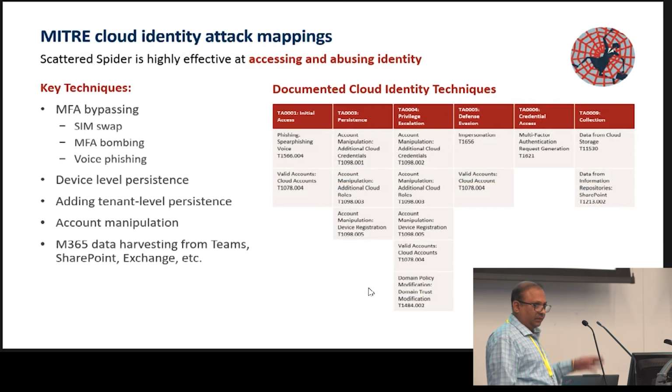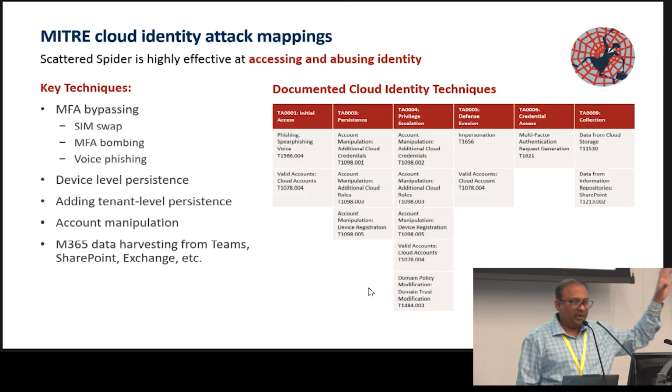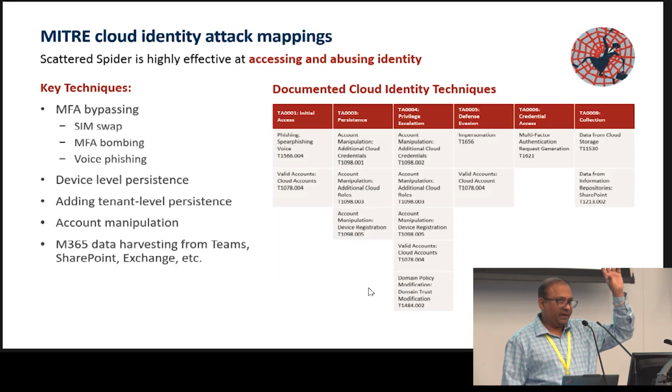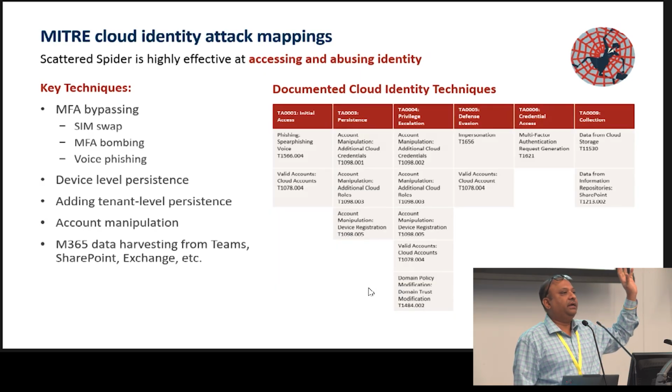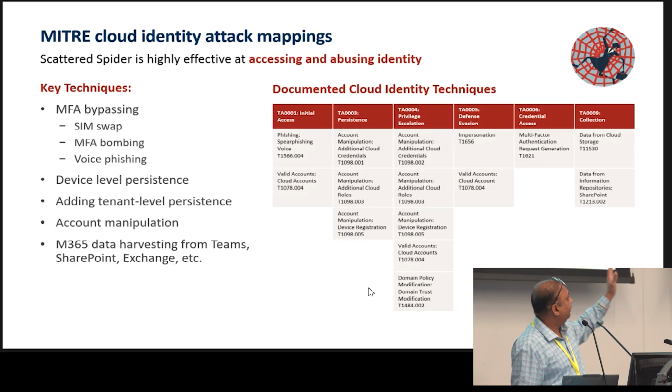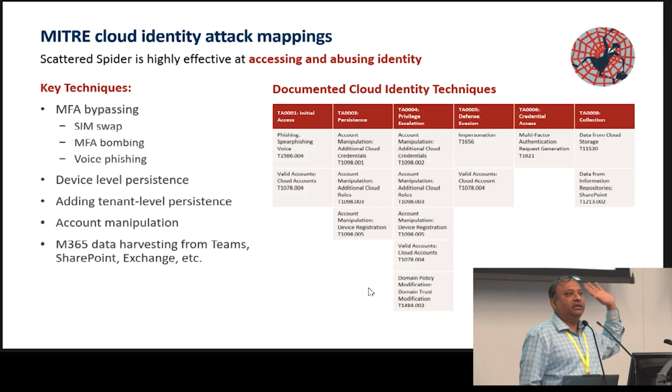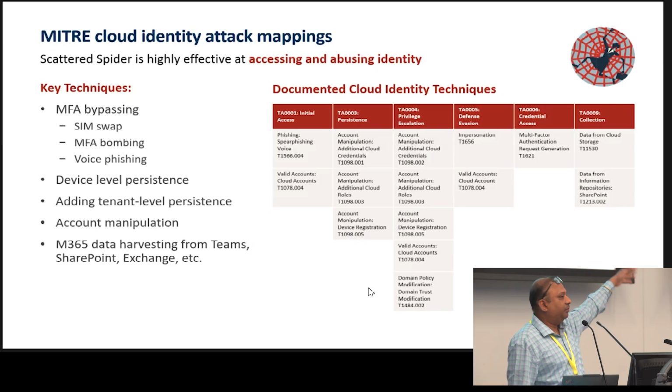Now, in this slide, I'm going to map all of these different techniques to MITRE. This is the most important thing, because for every malware or every crime group, we try to see what techniques they are trying to use, and then this is the mapping.